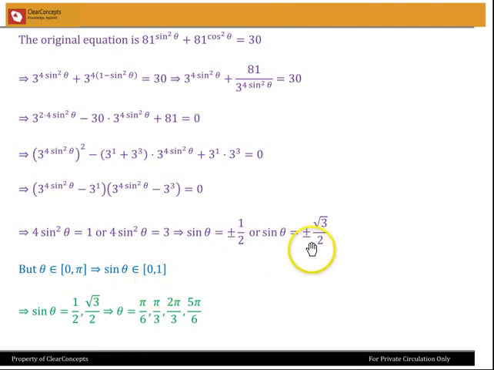So I get sine theta is equal to half or root 3 by 2, which then is straightforward to determine that theta is pi by 6, pi by 3, 2 pi by 3, or 5 pi by 6. In terms of degrees, that is 30 degrees, 60 degrees, 120 degrees, and 150 degrees.